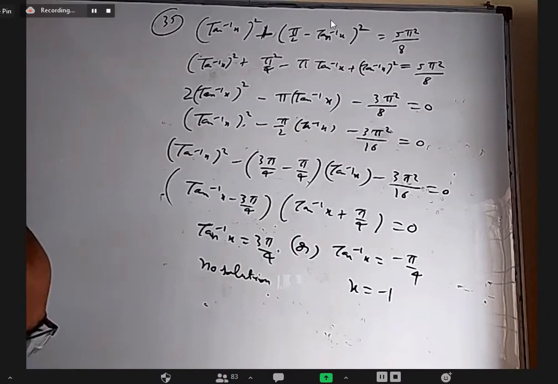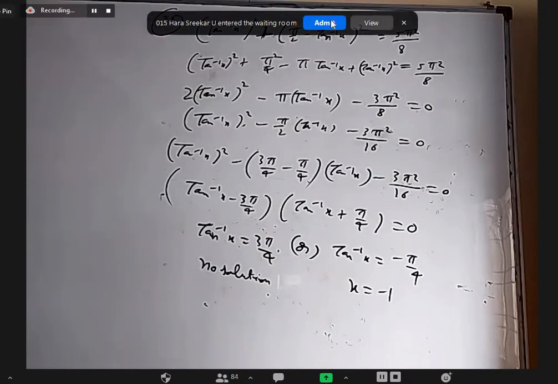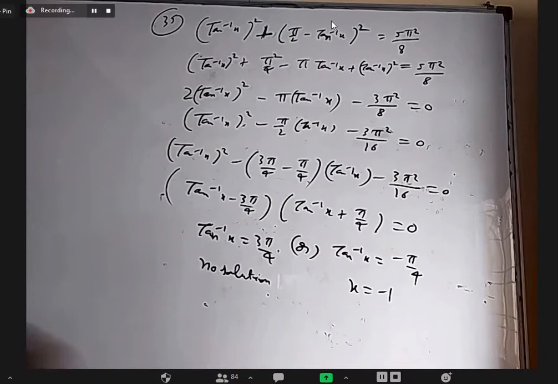So convert the question into only sine inverse or only cos inverse. Done. Okay.